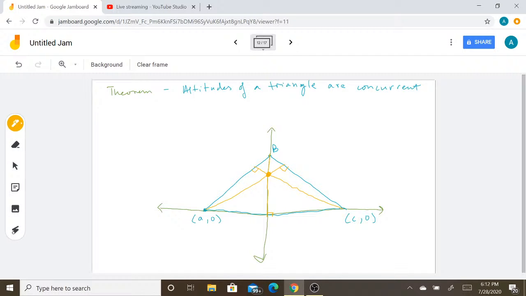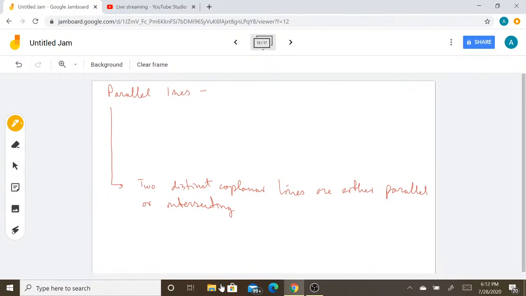So now we are going to move on to parallel lines. So what is a parallel line? Parallel lines are coplanar lines that have no points in common, or have all points in common.